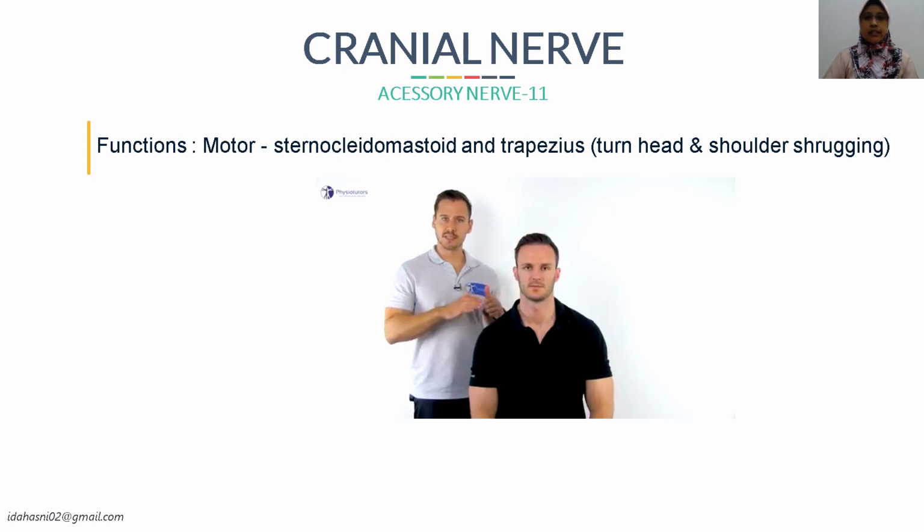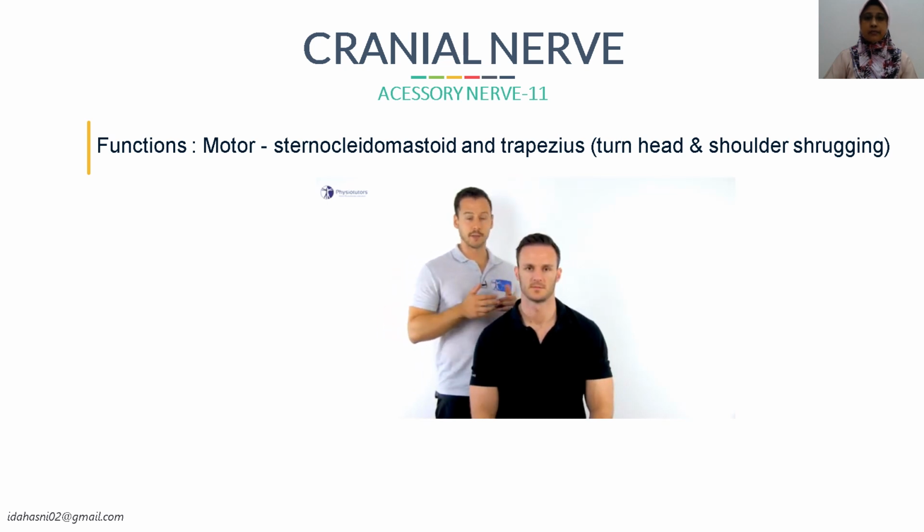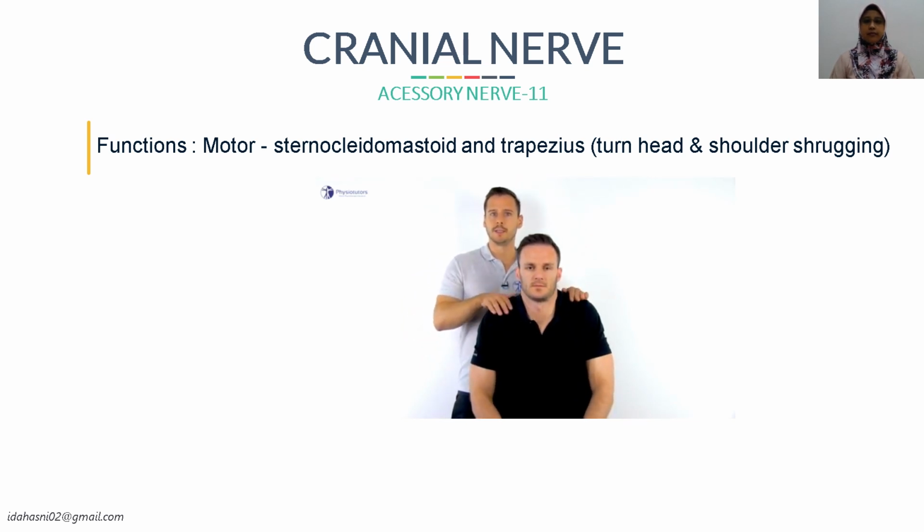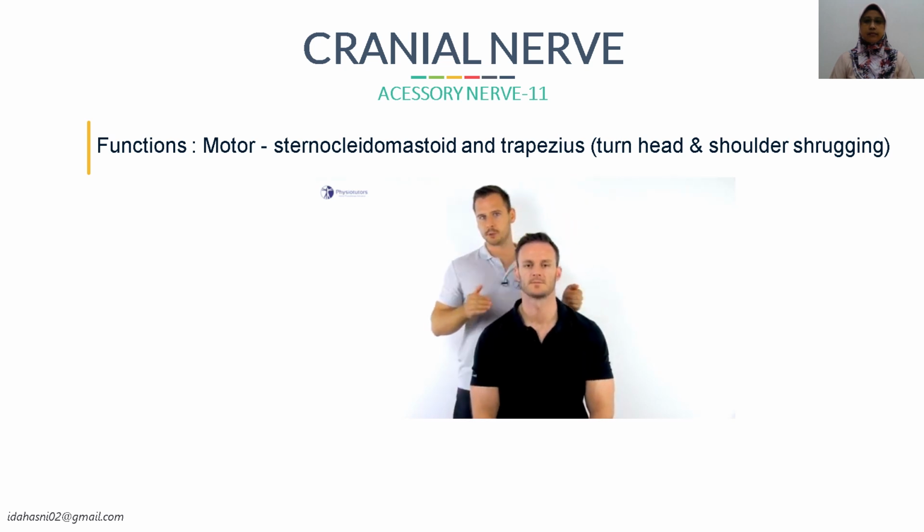The accessory nerve has motor functions. It innervates the ipsilateral sternocleidomastoid and trapezius for head movement and shoulder shrugging. In a sitting position, inspect the neck area for atrophy. If no atrophy is apparent, ask the patient to shrug the shoulders and to not let you push the shoulders down. This assesses the upper trapezius.